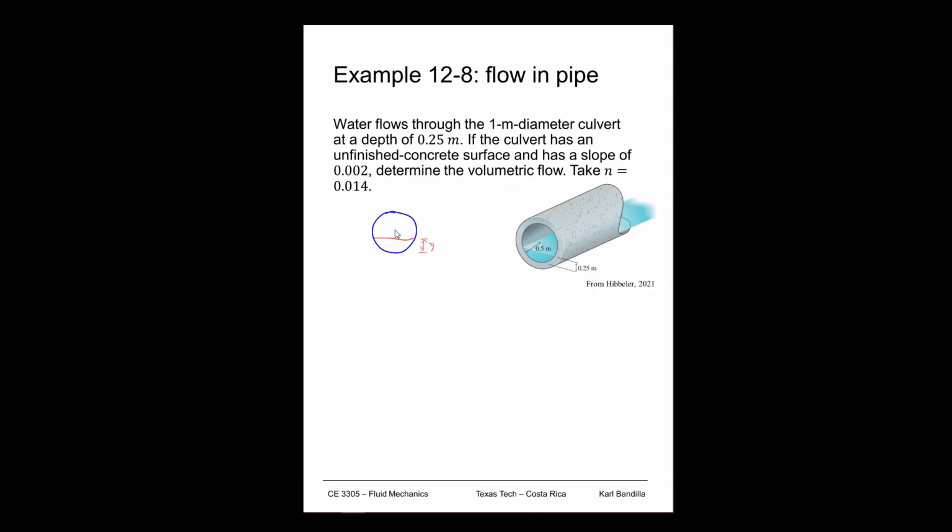And we know that we have a center somewhere. So we know that this whole distance here is, of course, the radius. We know that this is also the radius.